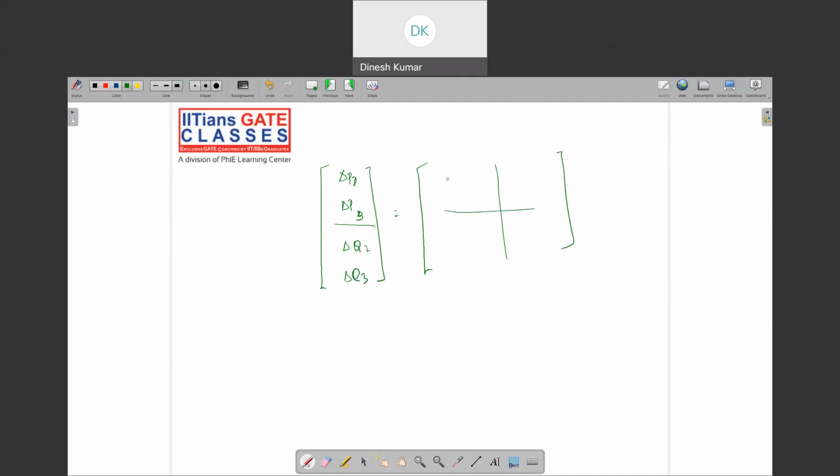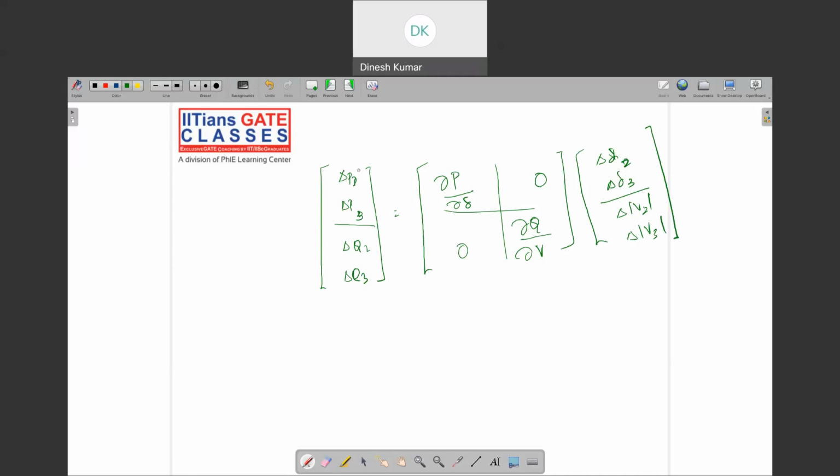I can write dou P by dou delta, then it will be 0, 0, and dou Q by dou V, into delta delta 2, delta delta 3, delta V2, and delta V3, like this. Now this is basically decoupled, right?